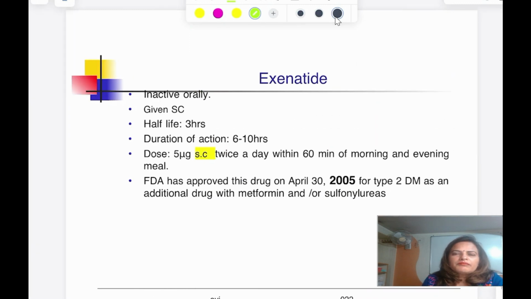Because it is a peptide, we give it by subcutaneous or parenteral route. Duration of action, half-life, is 6 to 10 hours.